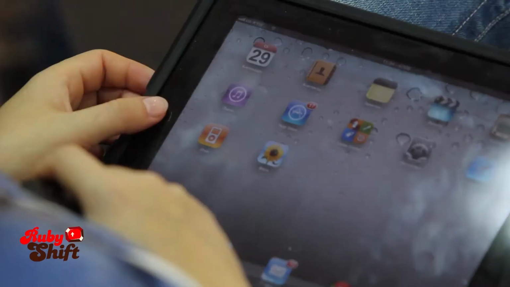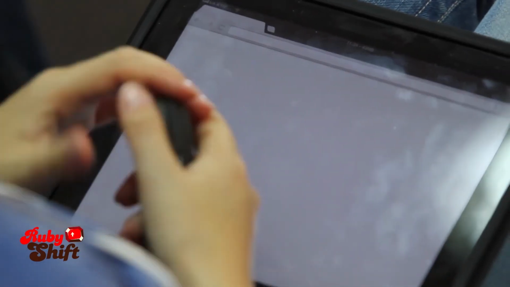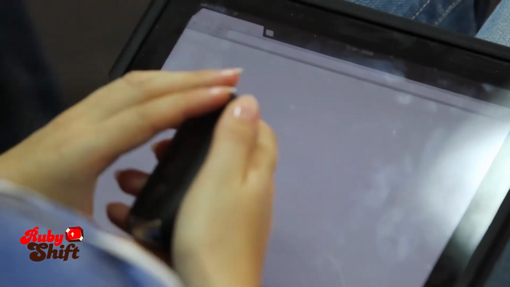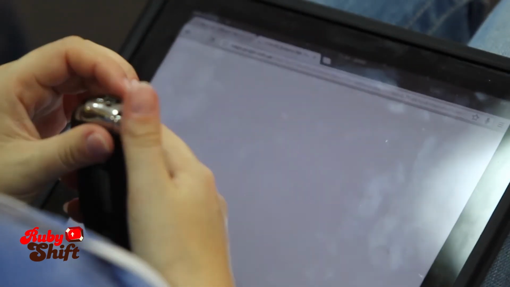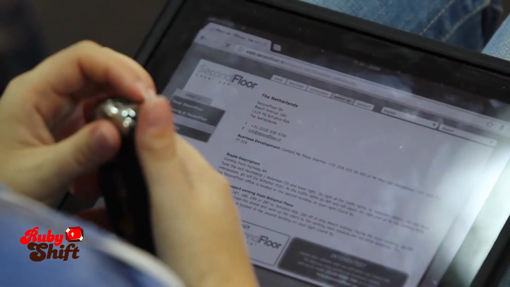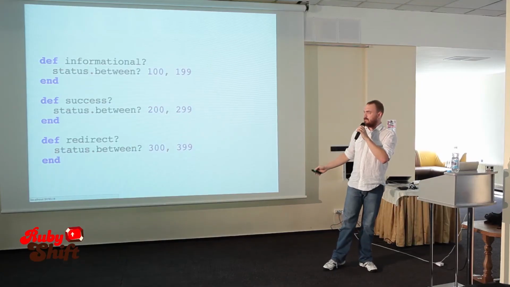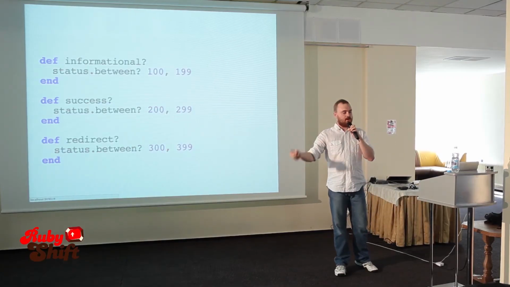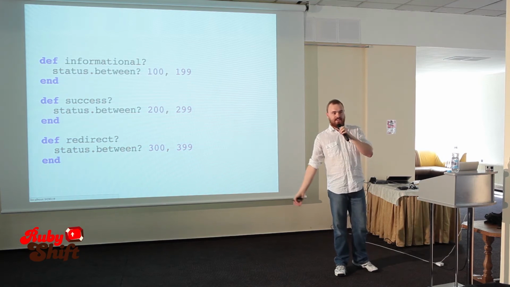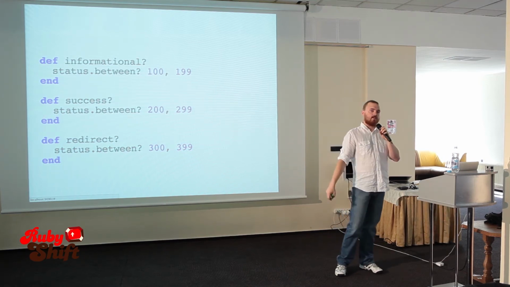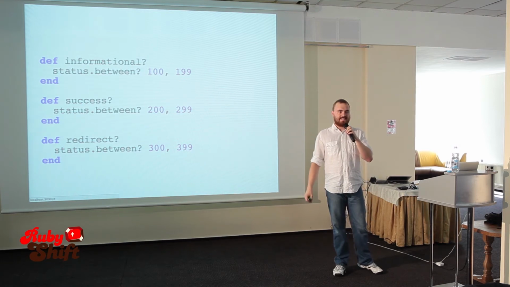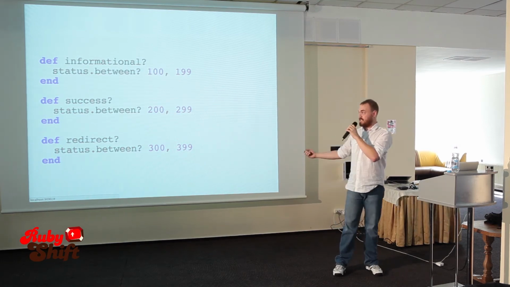And of course, you don't have to define this method called success, redirect, but how easy your life is when you have these methods. It's only a few lines of code, but instead of putting into your code, oh, status is bigger than 200, you just type success, if success.